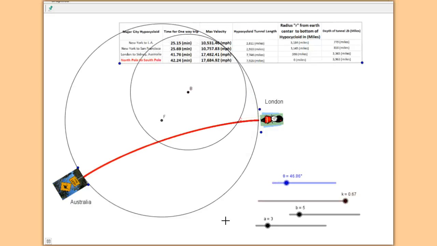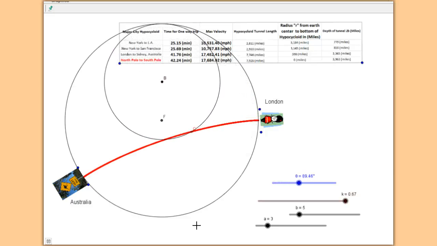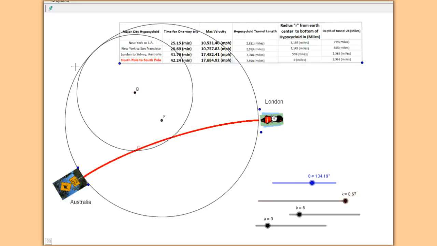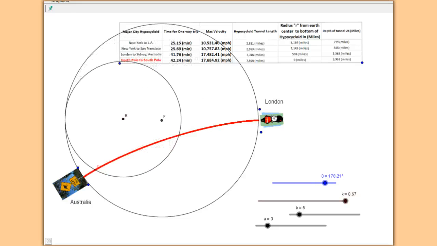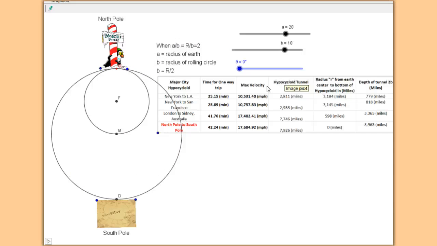Okay, let's look at the North Pole to South Pole. Okay, here's our North Pole to South Pole. We have North Pole up here, South Pole down here. And what we have to do is input the correct equation so we can draw a hypocycloid from the top to the bottom, which is going to be a straight line.